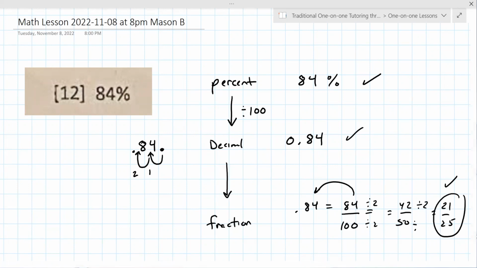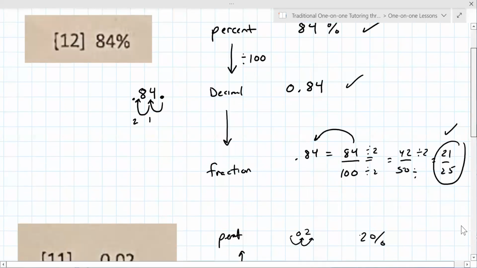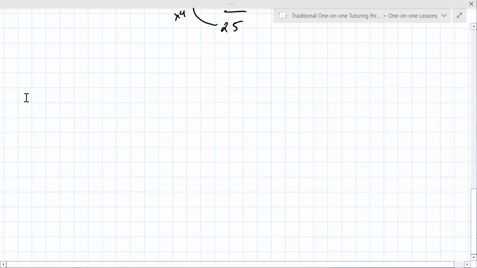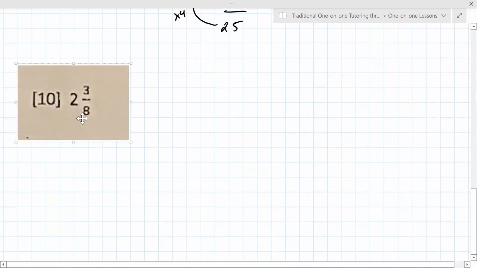Okay, so let's look at number 10. It's kind of an oddity here. I don't know why your instructor gave you this one. It's out of scope. Is this a percent, decimal, or fraction? It's actually a mixed number. Do you remember hearing about that?